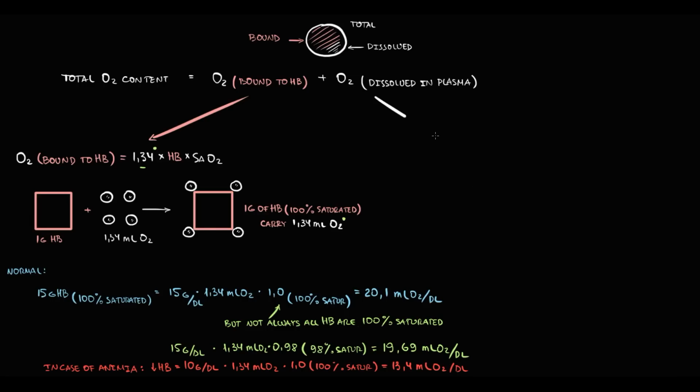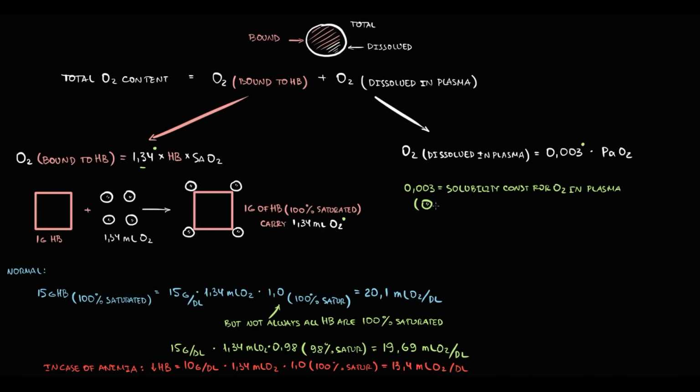But let's not forget that we have a small fraction of dissolved oxygen. Oxygen dissolved in plasma we calculate by multiplying a constant by the partial pressure of oxygen. 0.003 is the solubility constant of oxygen in plasma, and partial pressure of oxygen is basically the concentration of oxygen in plasma.